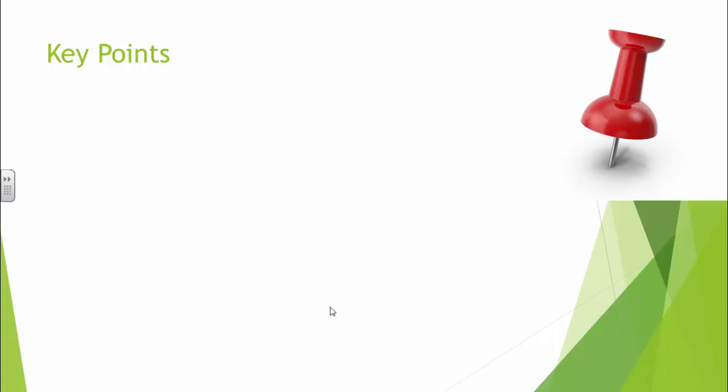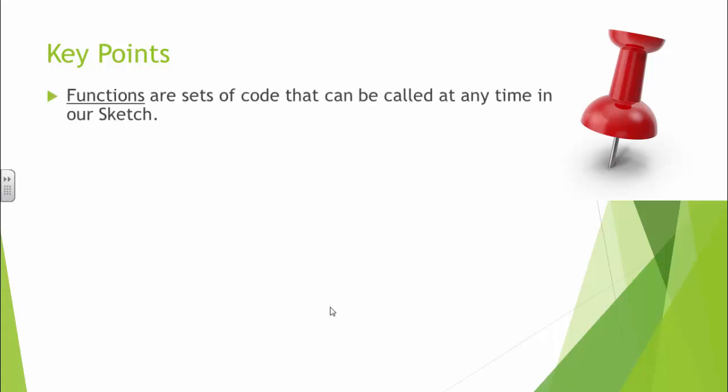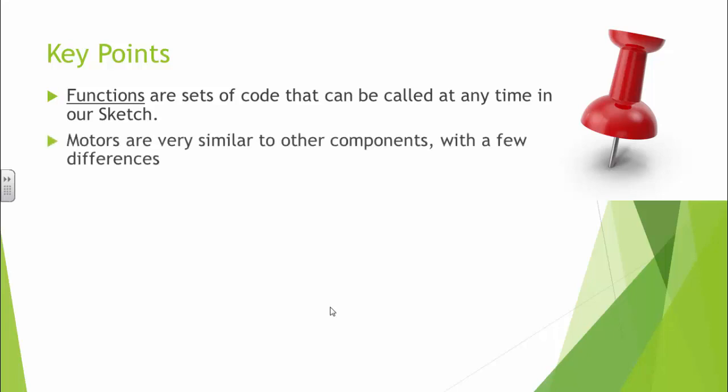All right, so hopefully you had fun with those activities. Let's go through what we learned today. Today we looked at our first functions as sets of code that can be called at any time in a sketch. We examined the ways that motors are different from other components, the ways that their behavior is unique.